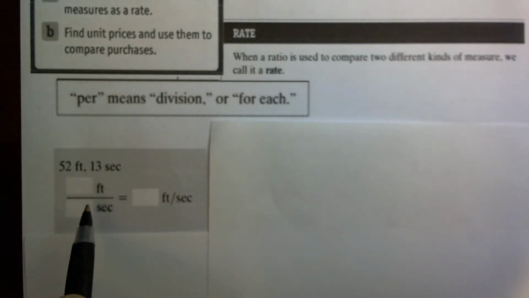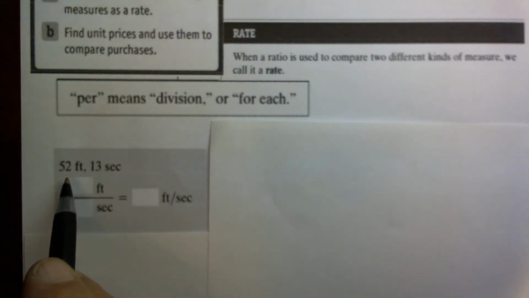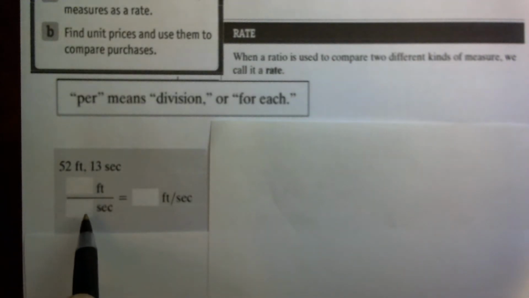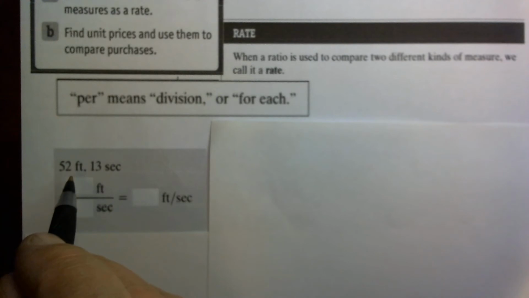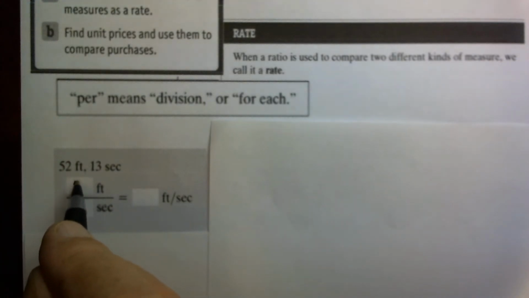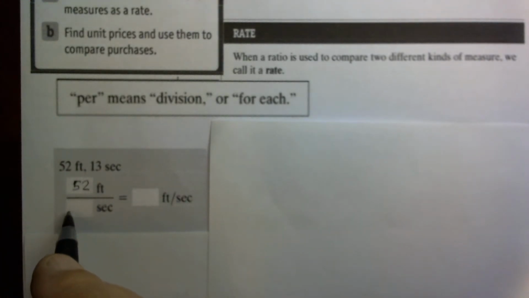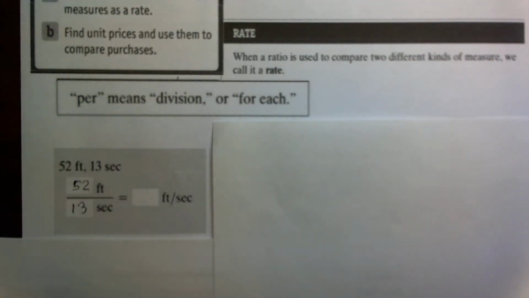When we divide distance by time, like 52 feet per 13 seconds, we know we can rewrite this fraction as 52 divided by 13.